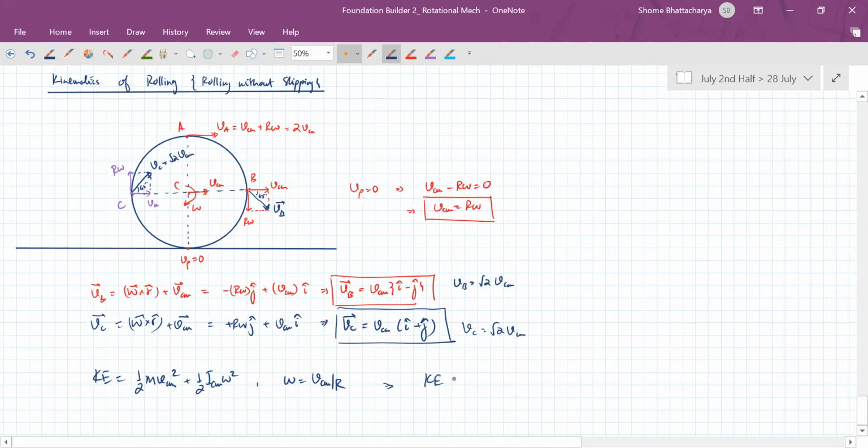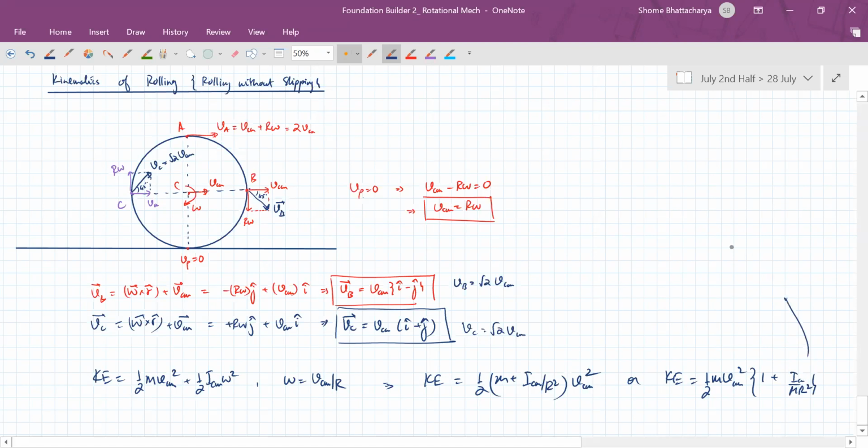So the kinetic energy becomes half (m plus I by r square) into VCM square. You can also write it as half mVCM square, which is the kinetic energy of translation, multiplied by this factor I by mr square, which is a dimensionless factor.